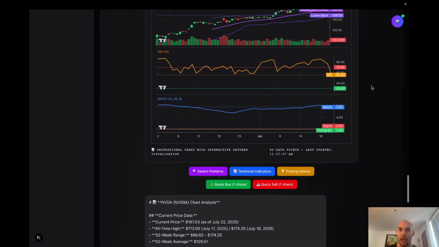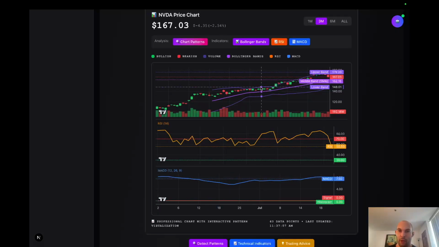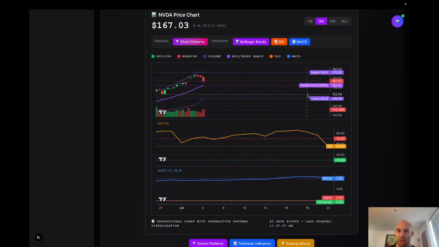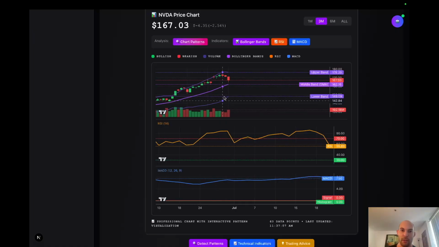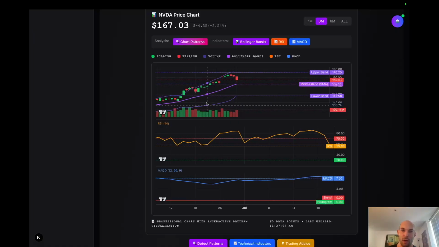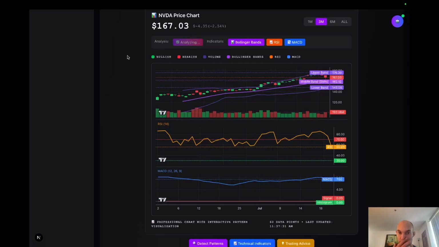So you can then have your overlay of the indicators and RSI and MACD and the Bollinger Bands, and then you can also do a chart pattern to see what chart pattern formations there are. So it'll give you some trend lines to kind of see what's going on here. So, sorry. Yeah, so we'll try that out now.